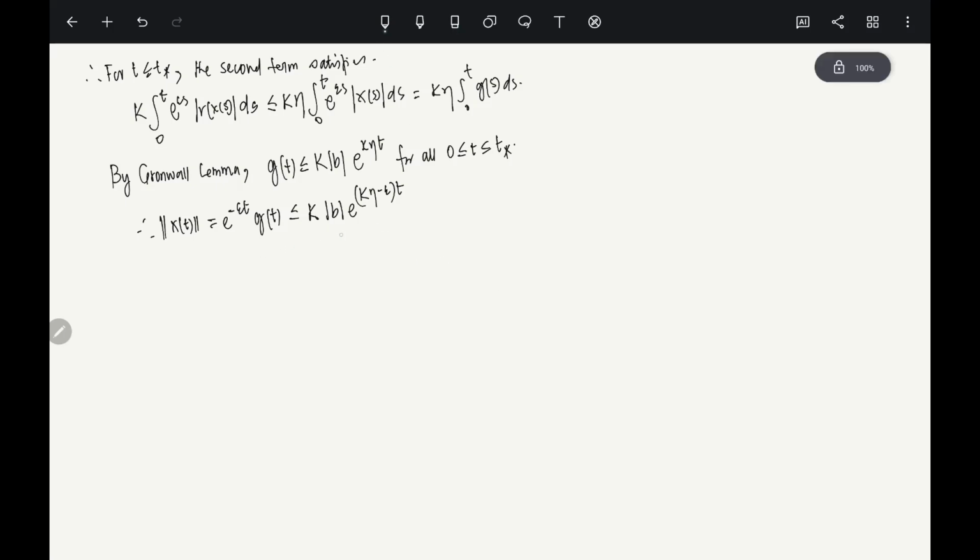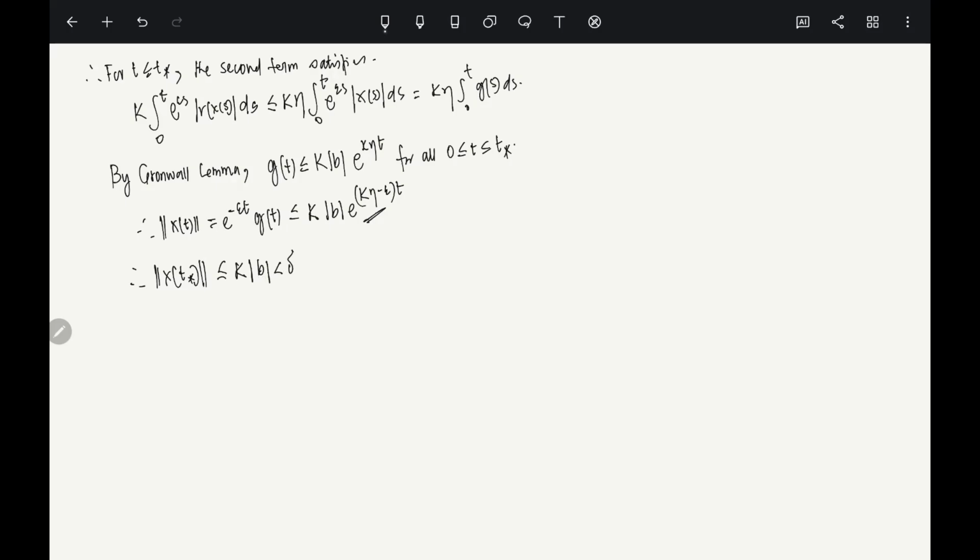The norm of x of t is this, and the exponential is decaying, since k eta minus epsilon is negative. Therefore, the norm of x at t star will be less than k times mod b, because this is going to 0 as t tends to infinity. And what is k times mod b? This is less than delta. That is our assumption, right?